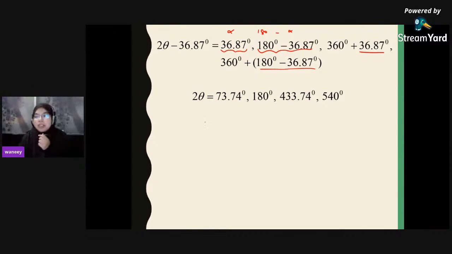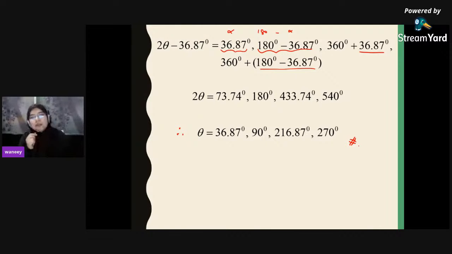And now in order to get the theta, because we want to know what is the value of theta, we divide everything by 2. So the final answer for theta is 36.87, 90 degree, 216.87, and another one is 270. So that is the final answer for the second example.